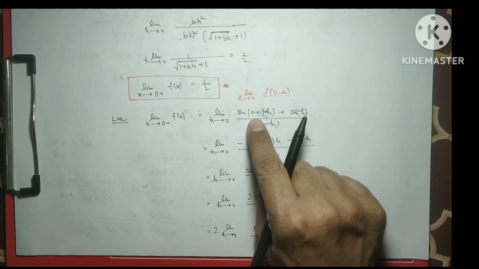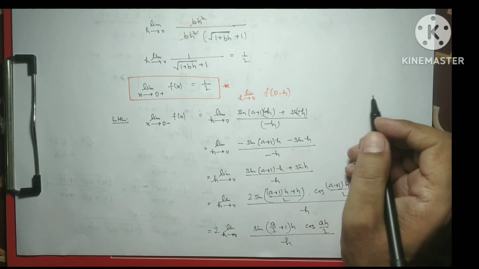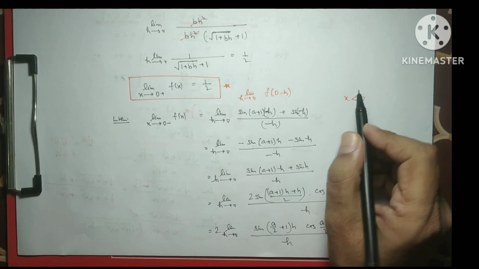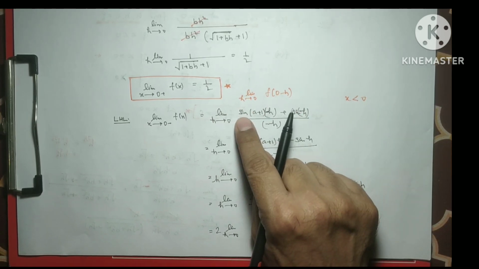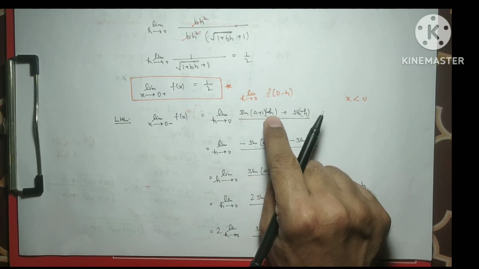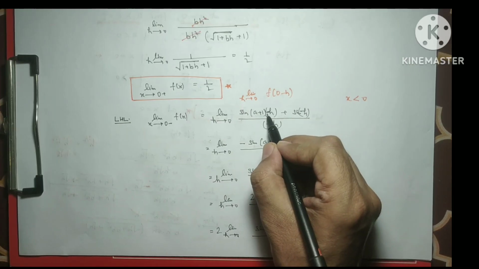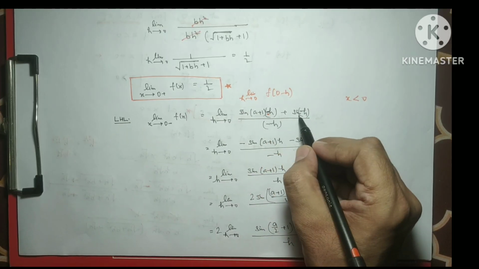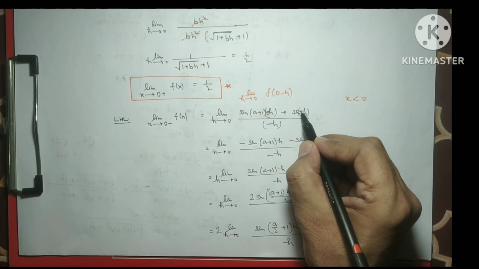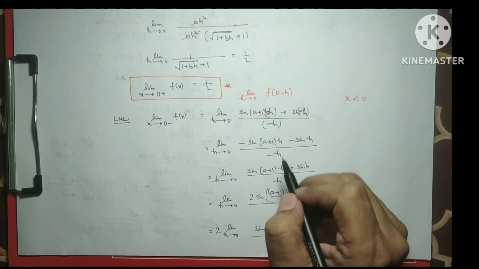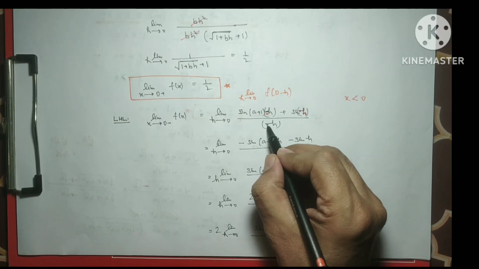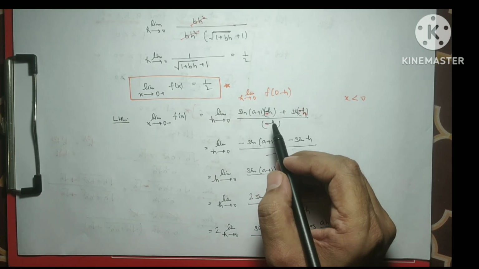So we have the expression for x less than 0. For x less than 0, we have the expression sine a plus 1 x over x. In place of x, we will place minus h, so it is sine of minus h over minus h.